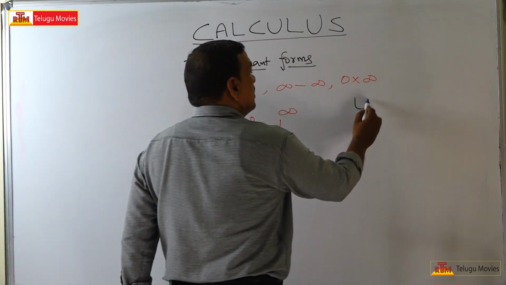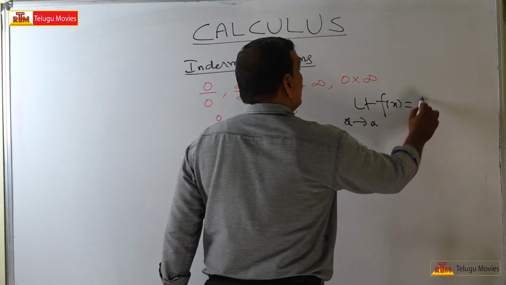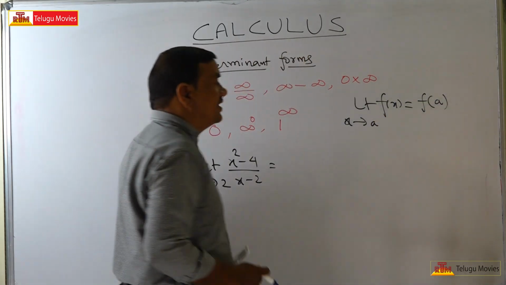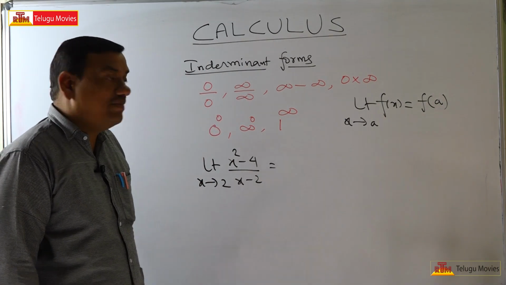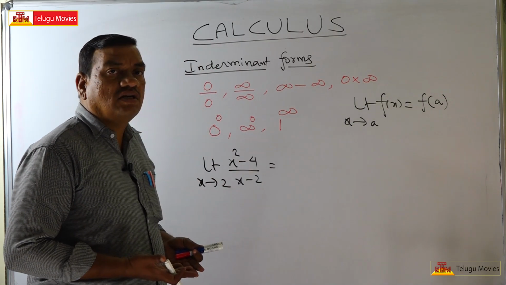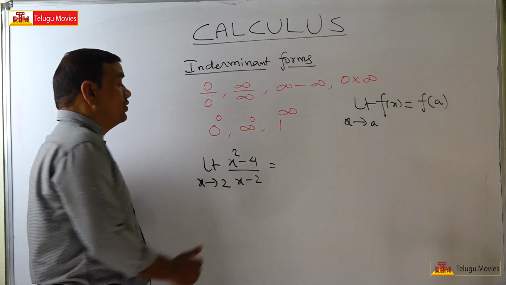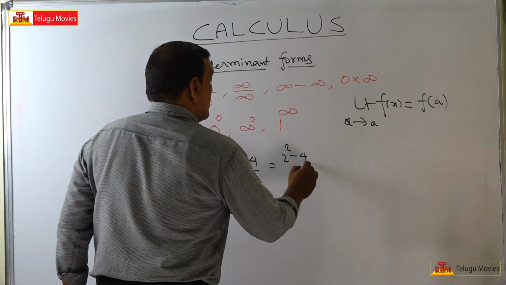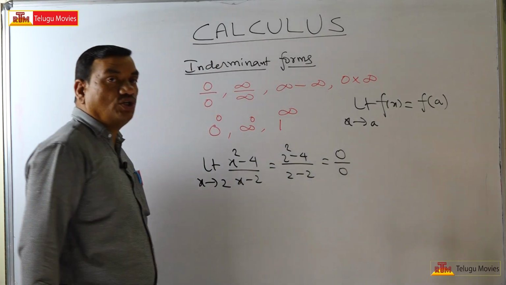We already have the formula: the limit as x tends to a of f of x is f of a. That means in place of the variable x, we substitute the limit value. So wherever x is there, substitute 2. That means 2 square minus 4 upon 2 minus 2. Clearly it is 0 upon 0.